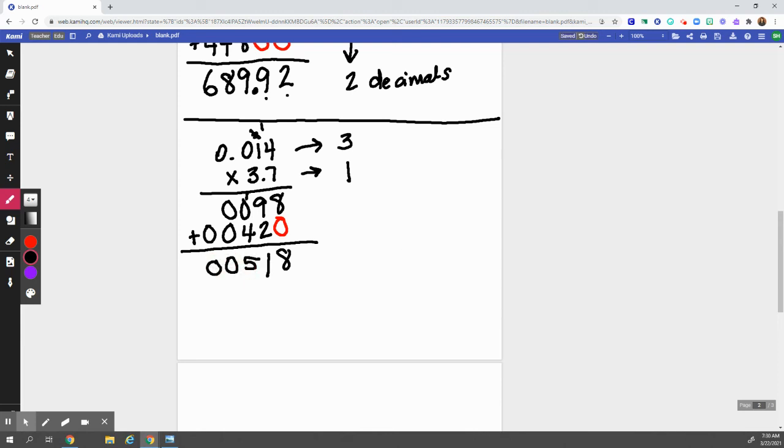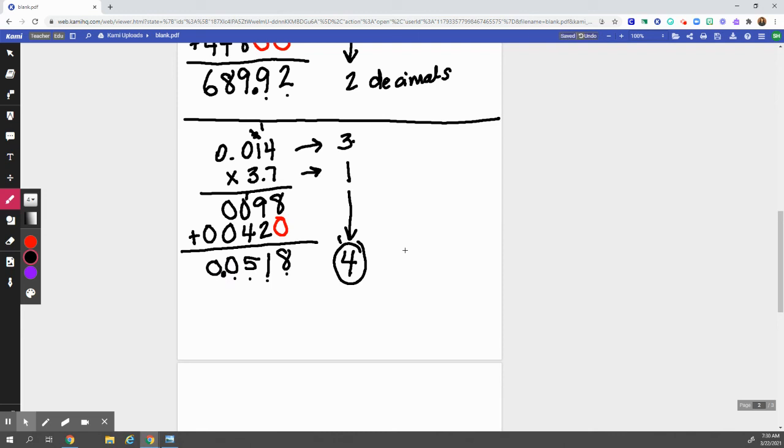0, 0. Now remember we have our decimal places, 3 in this one and 1 in the second one. So at the end we're going to have 4 decimal places. So we've got 1, 2, 3, 4. So my decimal is going to go right here.